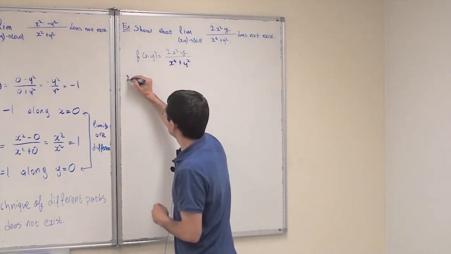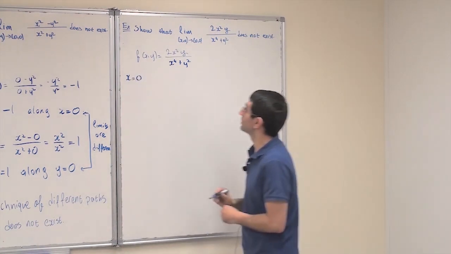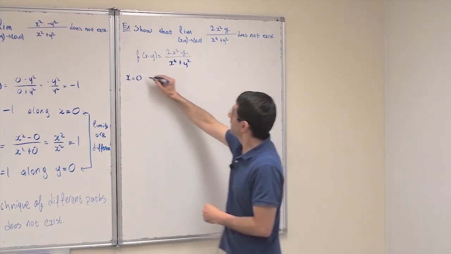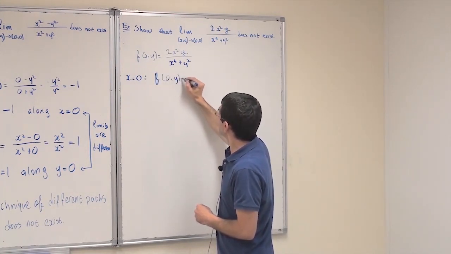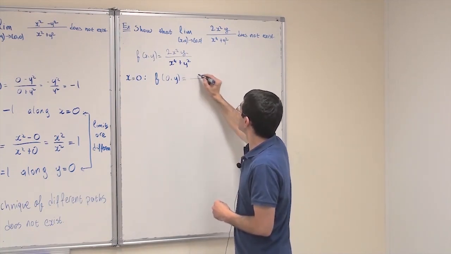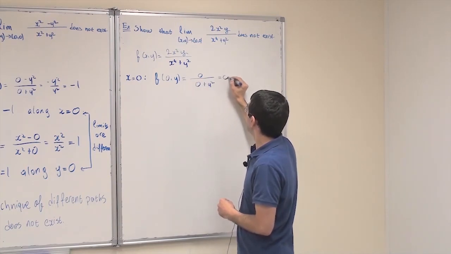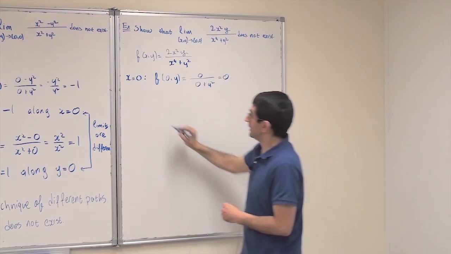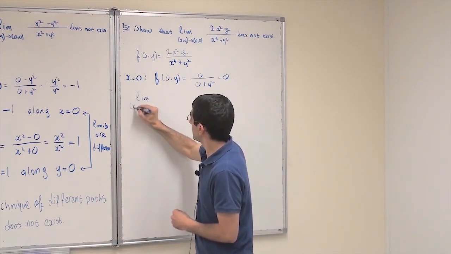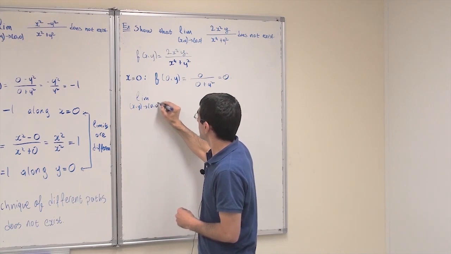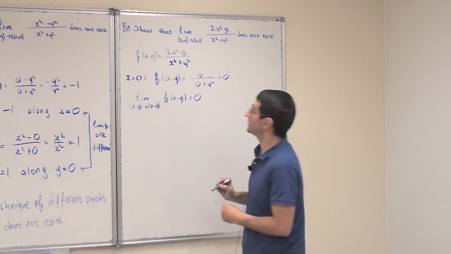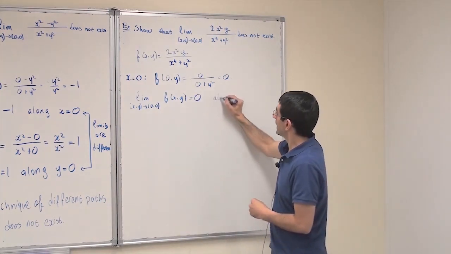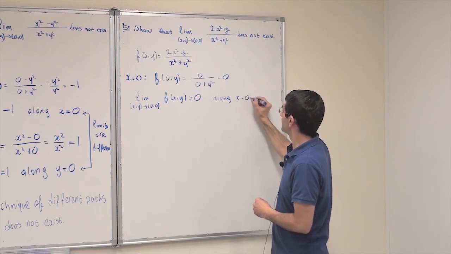So we start again with simple paths. So x equals 0. Along this path, our function is 0 over 0 plus y squared, which is 0. Which means that the limit of the function as (x, y) approaches (0, 0) is 0 along x equals 0.